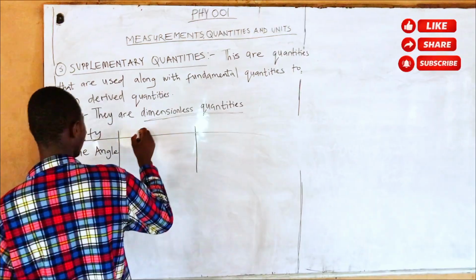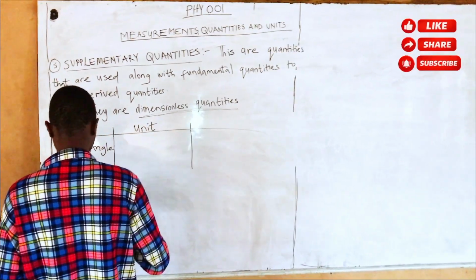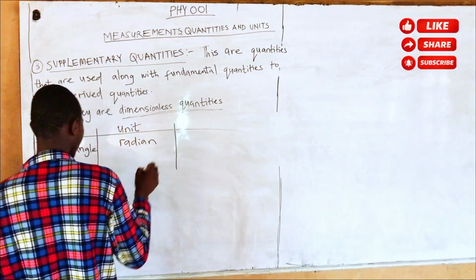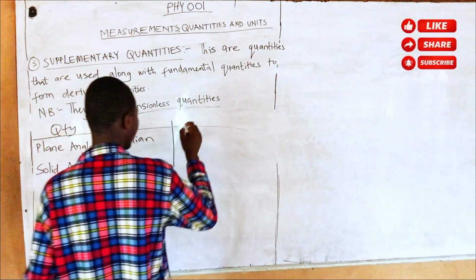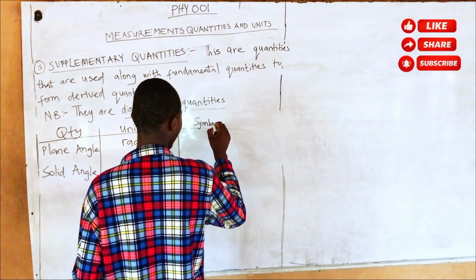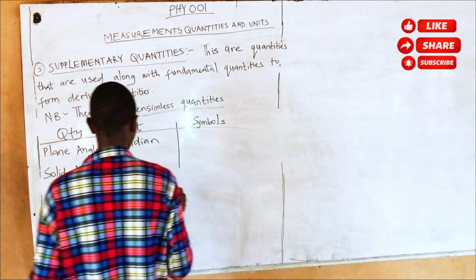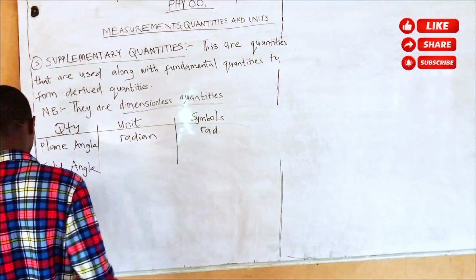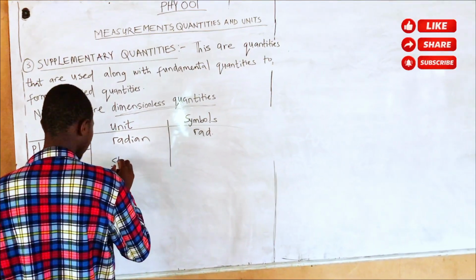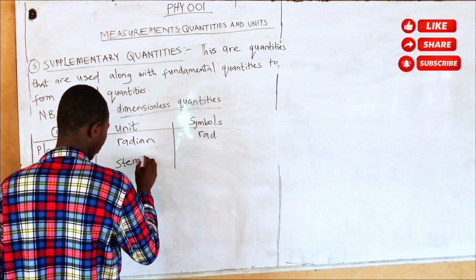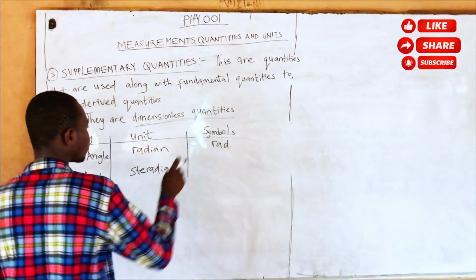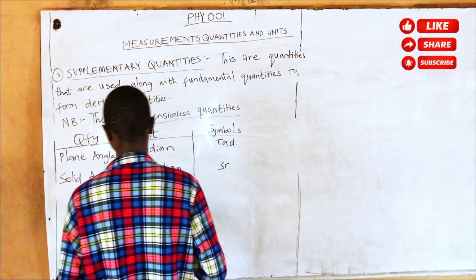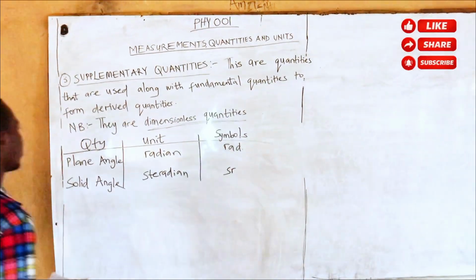This plane angle, the unit is radian, while the symbol is rad, alright. While solid angle, we have steradian, while the symbol is SR. Right?